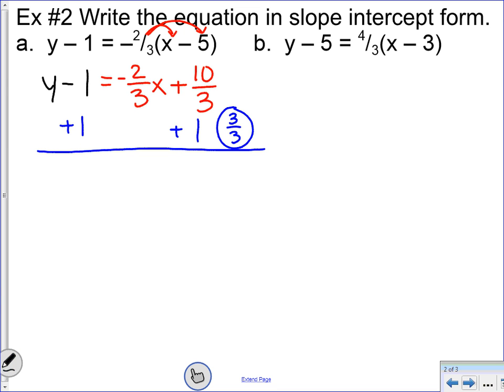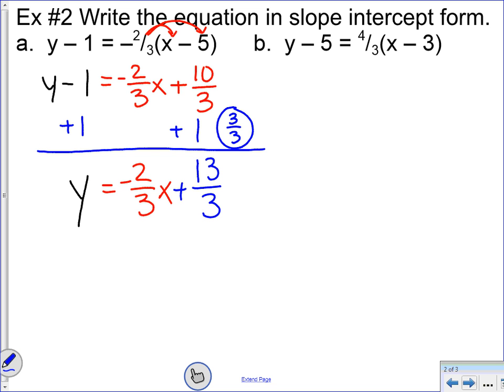So if I add 3 over 3 to 10 over 3, I'll end up with 13 over 3. And then my slope comes down, -2/3 x. And then the y equals on the other side is now there. Now the problem's been changed to slope-intercept form.